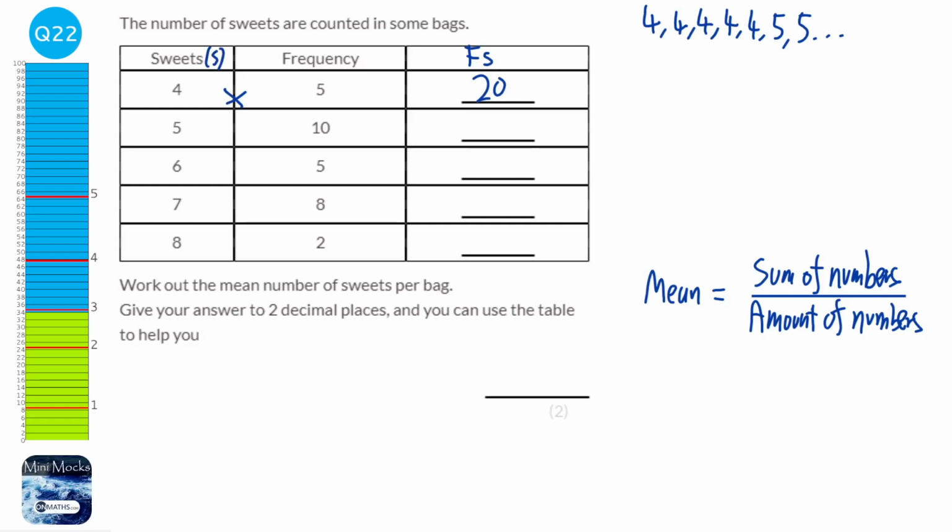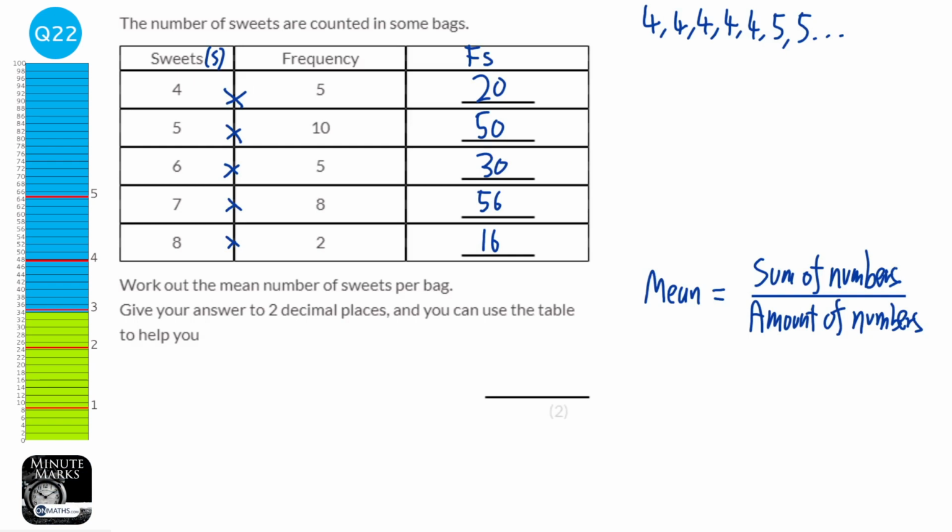If we keep going through this, there are 10 lots of 5, well that just makes 50. 5 lots of 6, which is 30. 8 lots of 7, which is 56. And then 2 lots of 8, which is 16. Now, altogether, what do they add up to?